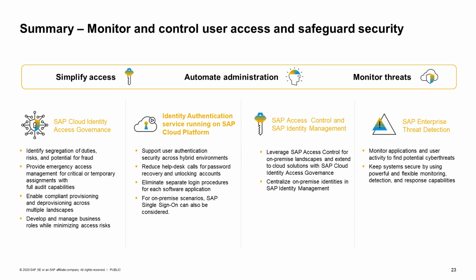And then access control and identity management on-premise tools that also could be used seamlessly across the SAP environment if you're using all SAP, or you can mix and match, as we talked about earlier, with third-party tools as well.